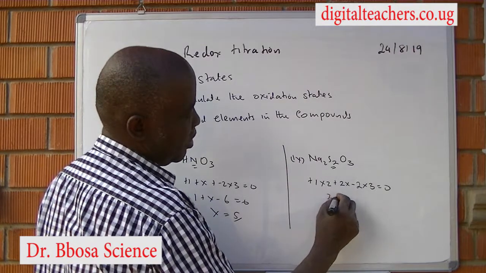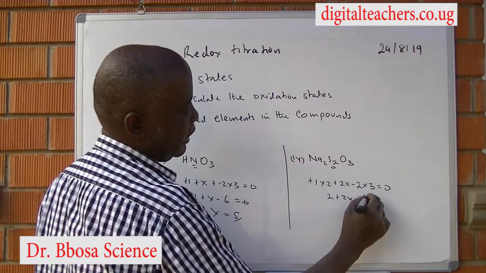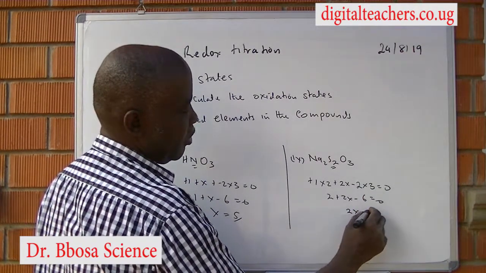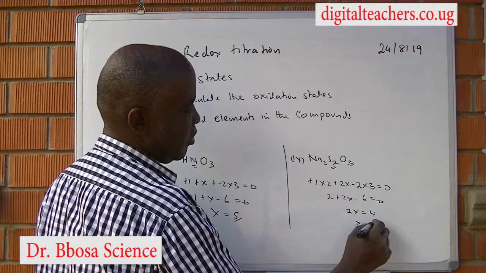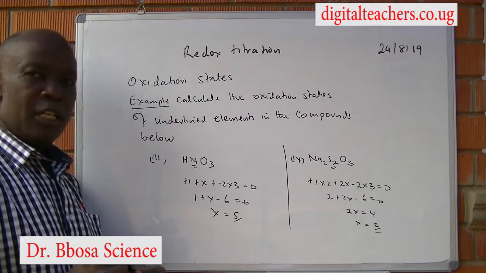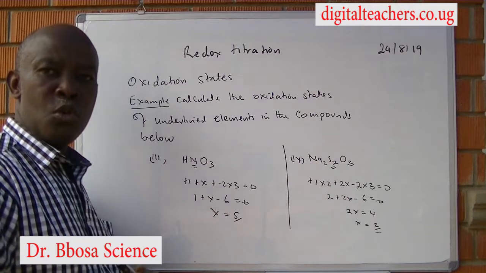Therefore 2 plus 2x minus 6 is equal to 0. 2x is equal to 4, x is equal to 2. The oxidation state of sulfur in sodium thiosulfate is positive 2.